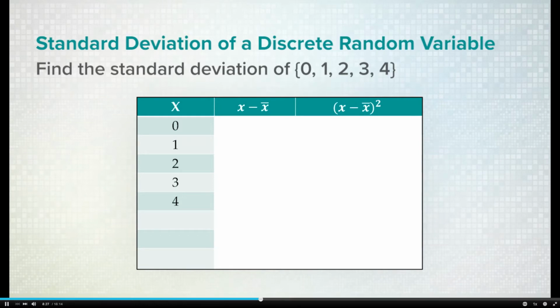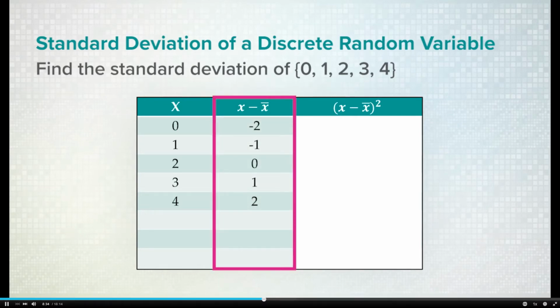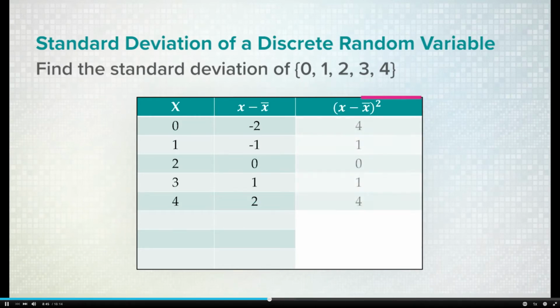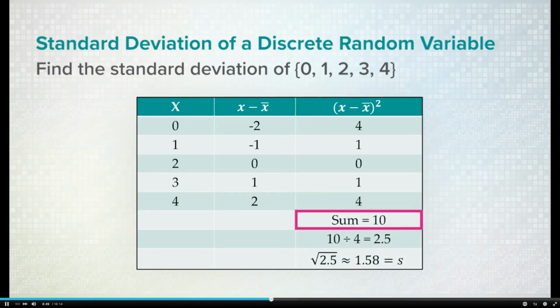Our mean was 2, so if I take each of my x's and subtract 2, I get this column. Then we had to square it, because if we add all of these right now, everything would cancel out and we'd always get 0. So we square everything to get this column, and we add it up to get 10, and then we divide by n minus 1.